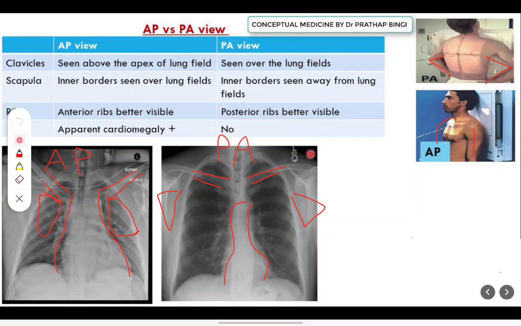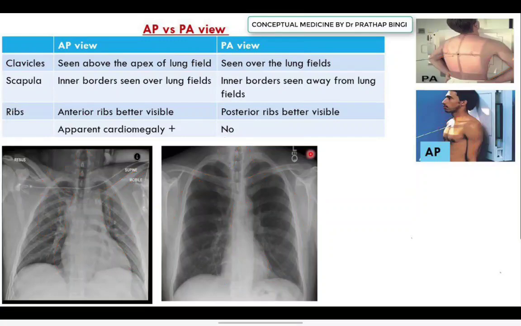The next difference is the ribs. In the anteroposterior, the patient has anterior ribs anteriorly, and the same rib curves posteriorly to give the posterior rib. So this is the anterior rib and this is the posterior rib. In the AP radiograph, the visualized linear ribs are the anterior ribs.